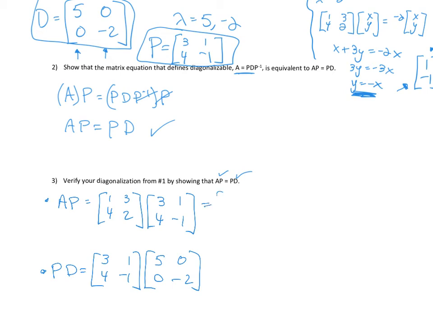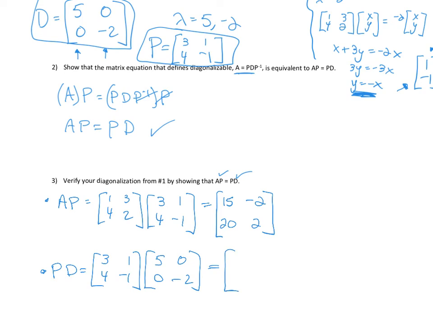All right, so if I multiply this, I get 3 plus 12 is 15. That was first row times first column. First row, second column is 1 minus 3 is -2. And then 4 times 3 plus 2 times 4, so that's 12 plus 8 is 20. And 4 minus 2 is 2. Okay, same thing down here.